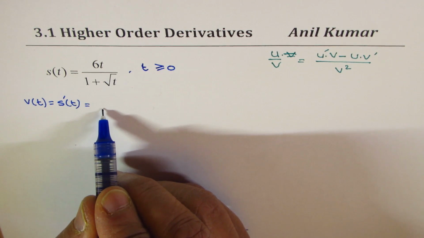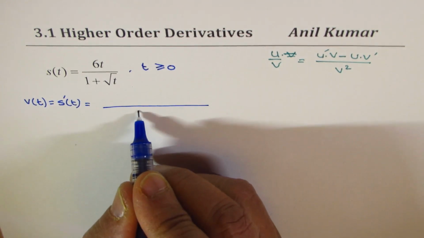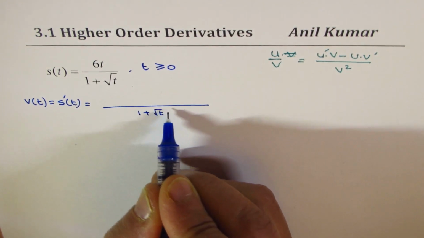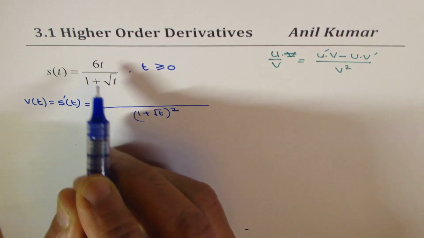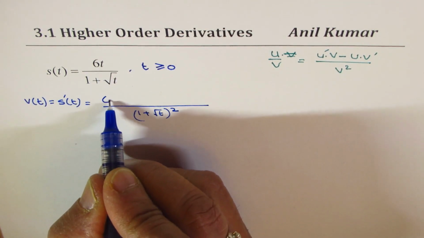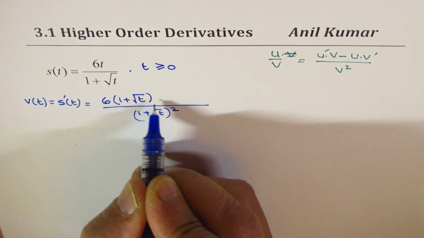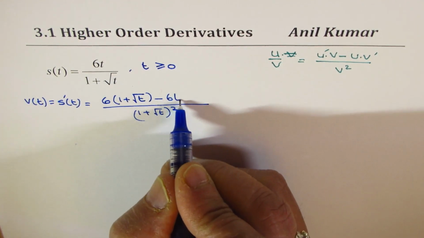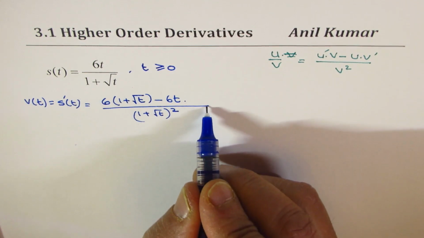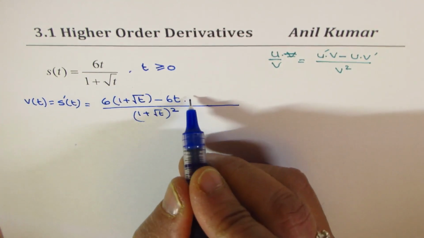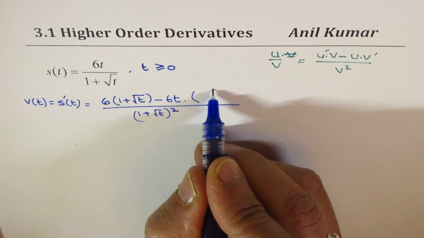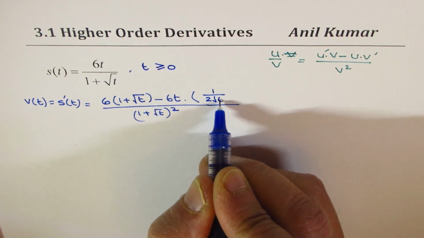So we'll square the denominator, which is 1 plus square root t. For us, derivative of 6t is 6 times 1 plus square root t. Take away 6t times derivative of 1 plus square root t. That is 1 over 2 square root t, correct?